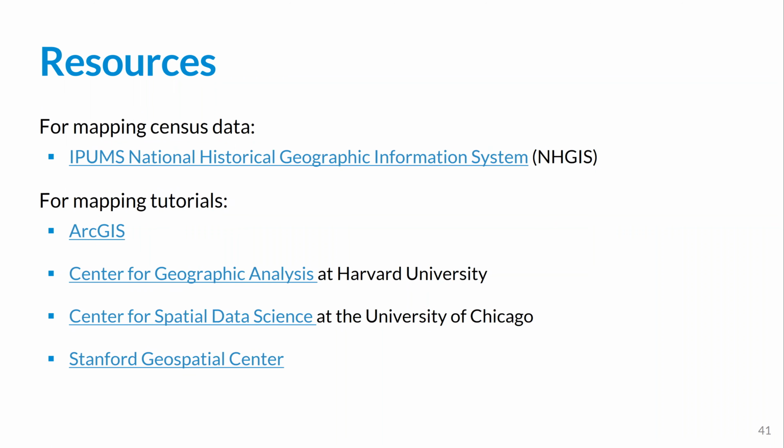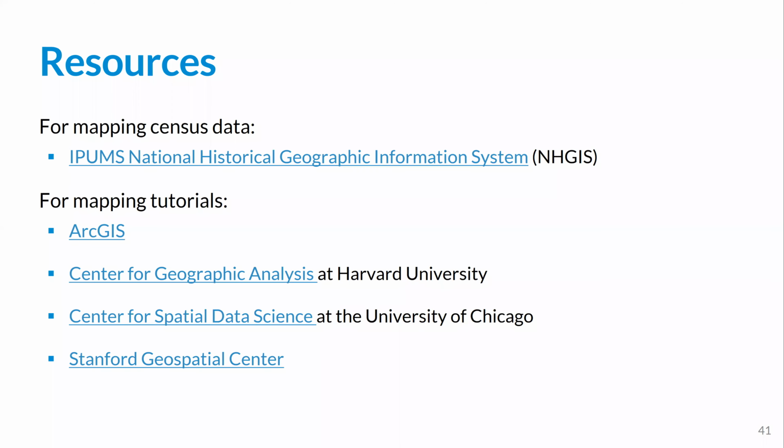Erica, could you say a word about this, where those tutorials are that you were talking about earlier. Exactly, yes. We wanted to share some resources so that folks had some, not exactly homework, but some easily available information on the things that we've been talking about today. So first, anytime you'd like to map census data, the easiest place to check for that data aligned with spatial information is the IPUMS National Historical Geographic Information System.